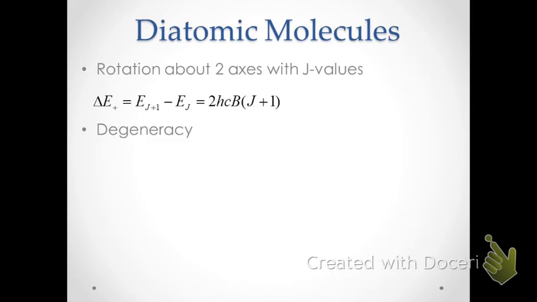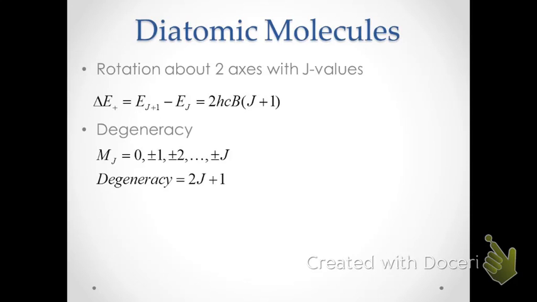Of course, just as was the case in our earlier discussion about the quantum mechanics of rotational motion, we will have degeneracy. When we had the L quantum number, we had the M sub L quantum numbers. We're using J here, so we'll refer to these as M sub J, and M sub J, of course, represents a component of angular momentum along the z-axis.